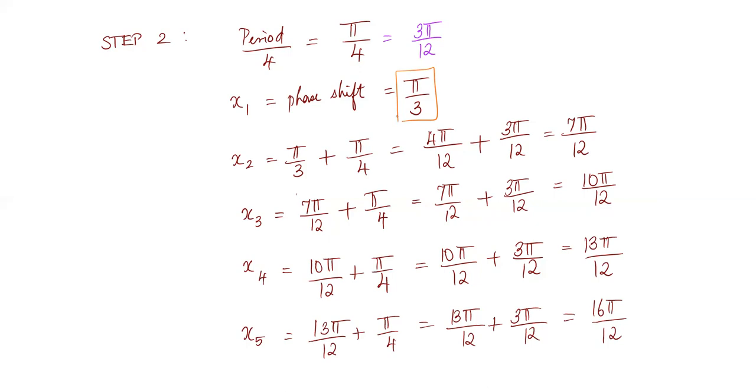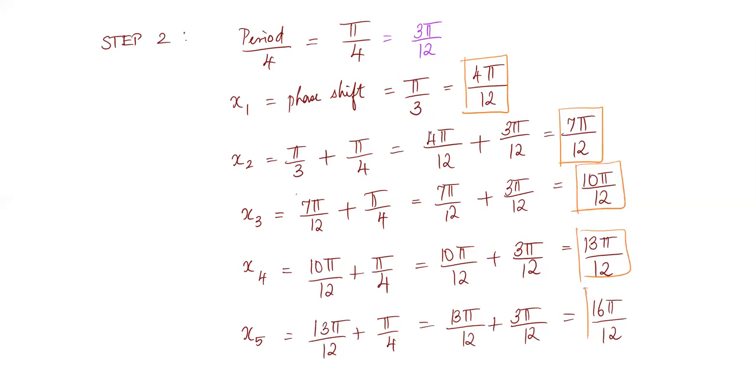This pi over 3. Again, for pattern, notice that all other key points are all in terms of 12. So I want to convert this also to 12. To change this to a 12, you need to multiply up and down by 4. So that will be 4 pi over 12. Now I want you to see that we start at 4 pi over 12, then 7 pi over 12, 10 pi over 12, 13, 16 pi over 12.